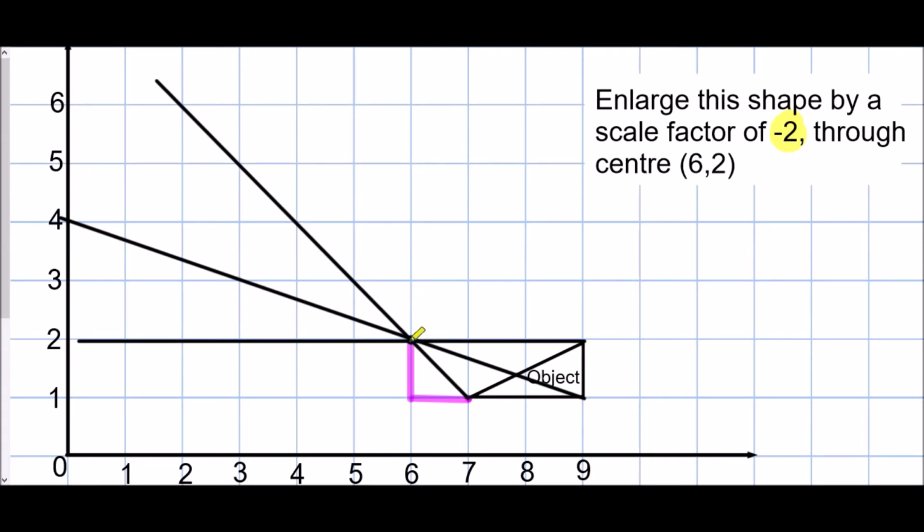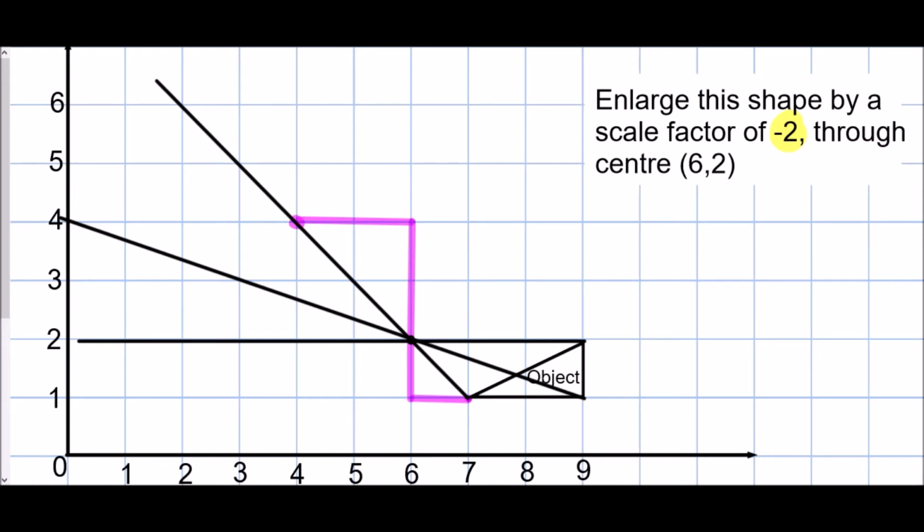So instead of going down one space, we would actually be going up. And because it's a multiple of 2, that's going to multiply that distance by 2 as well. So instead of moving to the right one place, I'm actually going to go to the left 2 spaces. And so my new point is here.